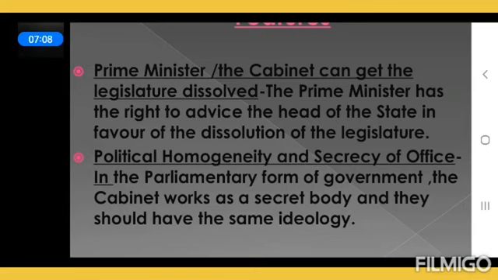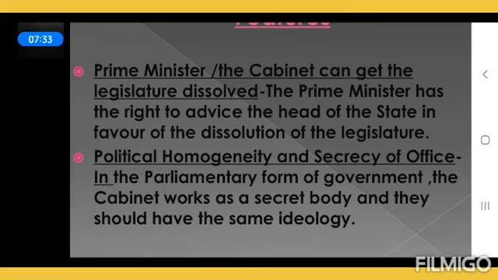But in actual practice, the prime minister has the right to advise the head of the state in favor of the dissolution of the legislature. It can be done by him either for seeking a fresh mandate from the people, as I've already told you, or for punishing the legislators for their unhelpful attitude. So the head of the state is almost always bound, and the president has to accept the advice which has been made by the prime minister.